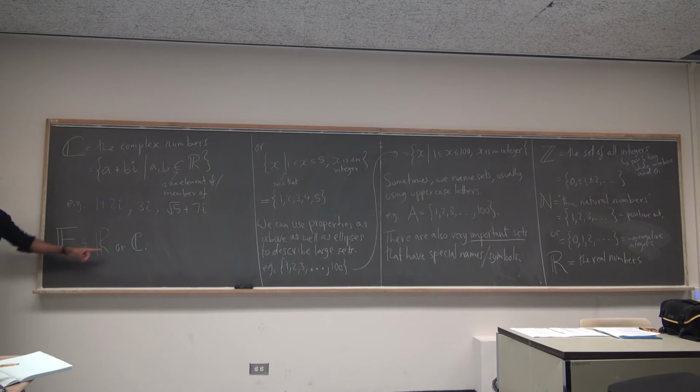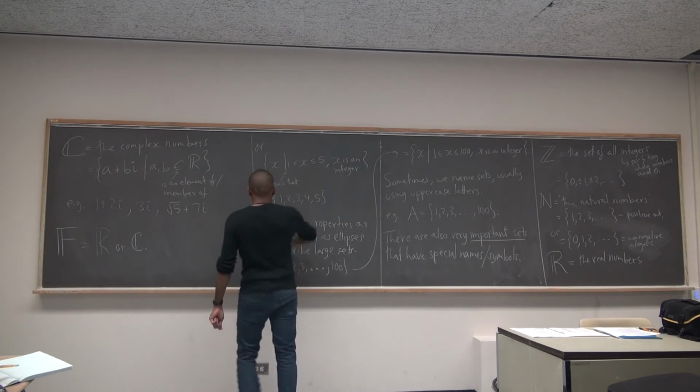Not everything applies to both of them. Some things only work for real numbers, but when you use complex numbers, everything messes up. Other things work for complex numbers but not for real numbers. Whenever it can work for either, people usually use the symbol F to denote this. So it will work in both cases. So that's another thing.